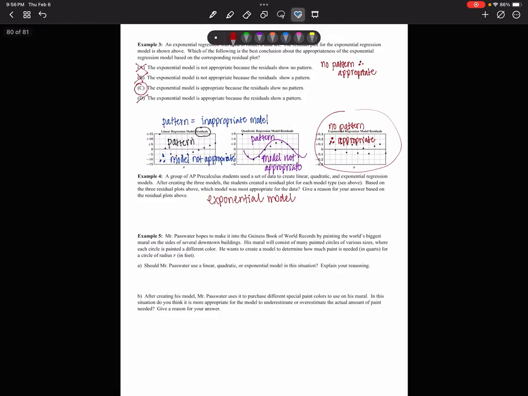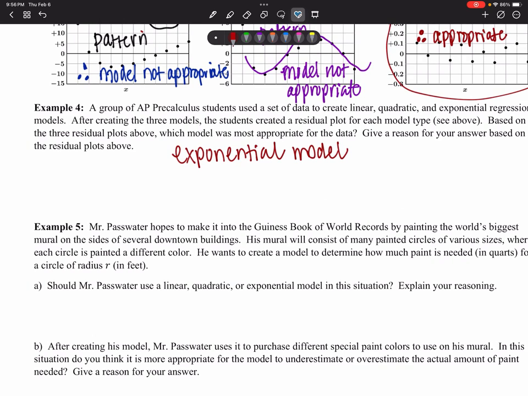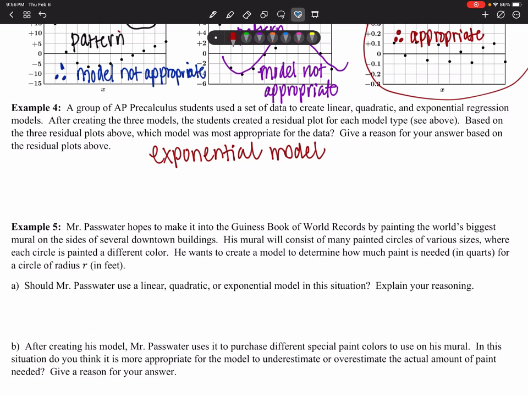Okay, I believe we've got our last problem here. Mr. Passwater hopes to make it to the Guinness Book of World Records by painting the world's biggest mural on the sides of several downtown buildings. His mural will consist of many painted circles of various sizes, where each circle is painted a different color. He wants to create a model to determine how much paint is needed in quarts for a circle of radius r.